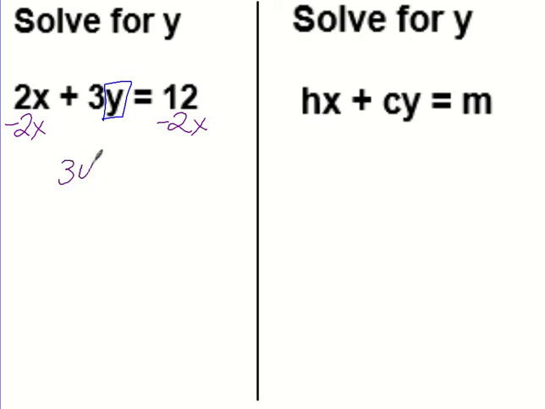So we get 3y equals, I like to write it like this. I like to put my variables in front, always. Same thing, right? Negative 2x. And then to get y by itself, this is multiplication, so the inverse is to divide. So you can write this 2 ways. We can leave it like this.